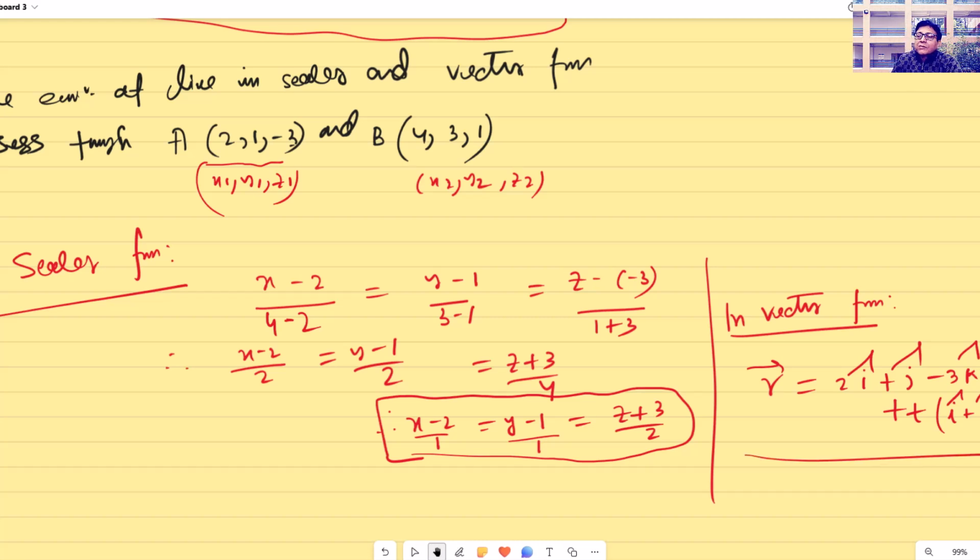Okay? So this is in vector form. Equation of line in scalar and vector form which passes through these 2 points is vector form is here and scalar form is here.